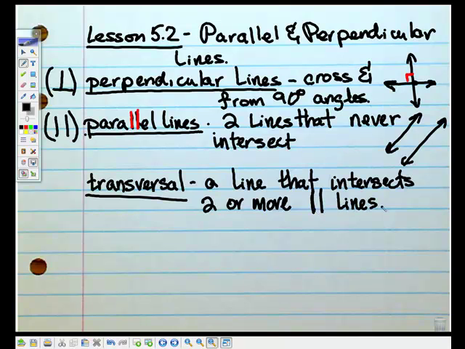So if we draw another line across our parallel lines, the transversal is that line right there.